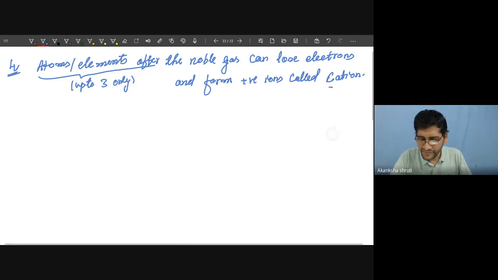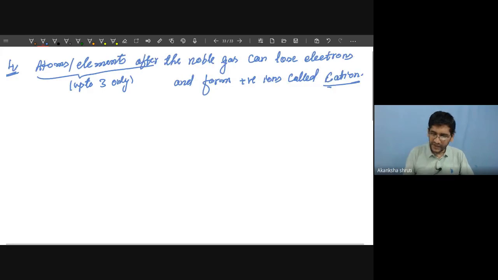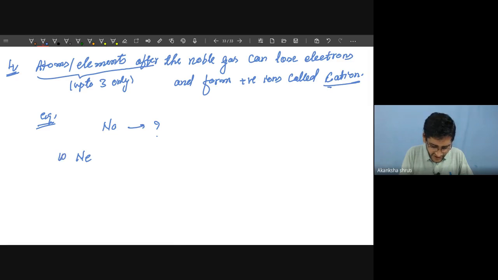Okay, student, I had already explained. For example, if we consider sodium, what ion and what valency will it show? Student, we know that neon is at serial number 10, and after neon it is 11, sodium.